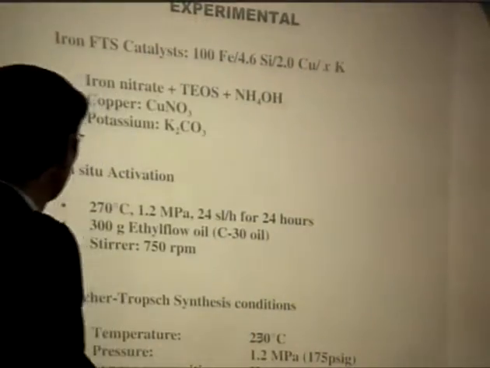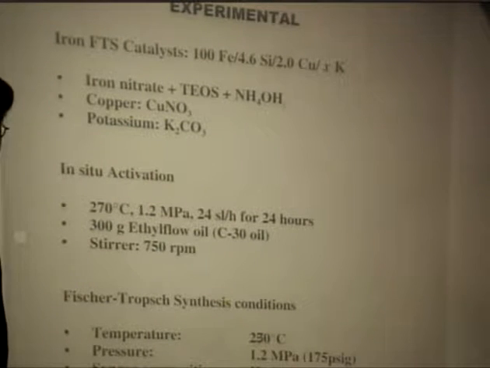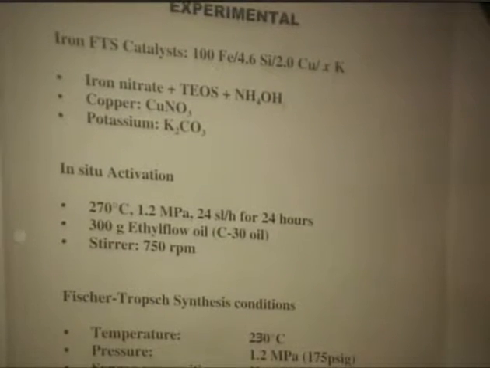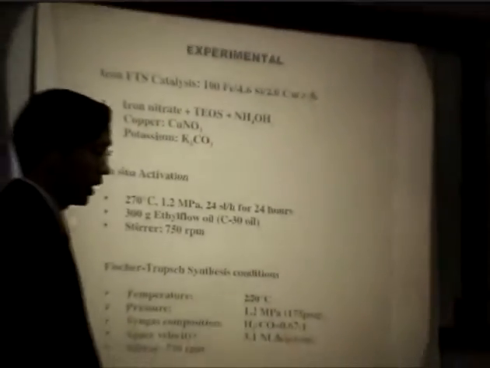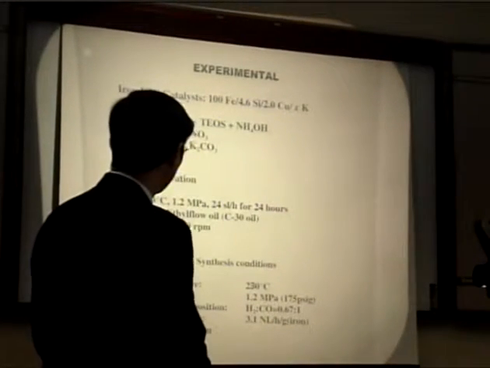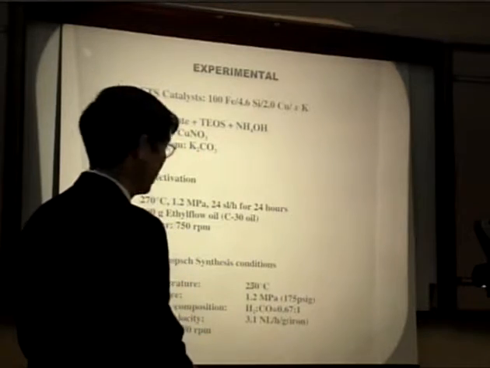Reaction conditions. The catalyst was prepared from iron nitrate, tetraethyl orthosilicate and ammonia water. Then we used the promoters of copper and potassium here. The copper is from copper nitrate and the potassium from potassium carbonate.